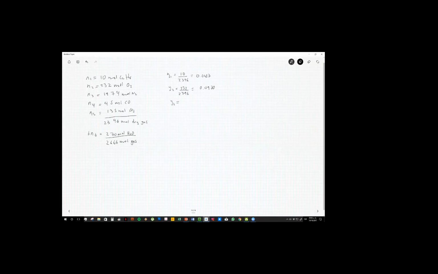Y3 will be the amount of nitrogen, the concentration of nitrogen in the dry gas. That is the highest amount, right? Because we have a lot of nitrogen in air. So this is 0.824. This is a common value. Around 80% of the flue gases are nitrogen.